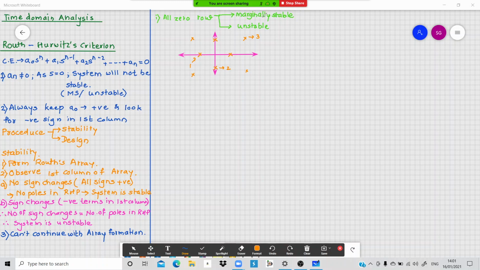That's why I've written either you will have a marginally stable system or an unstable system. The second condition is giving you a marginally stable system. First and third are telling you that your system is unstable. Any of these things are possible. Then what should be done? Yes, a method is there for that.